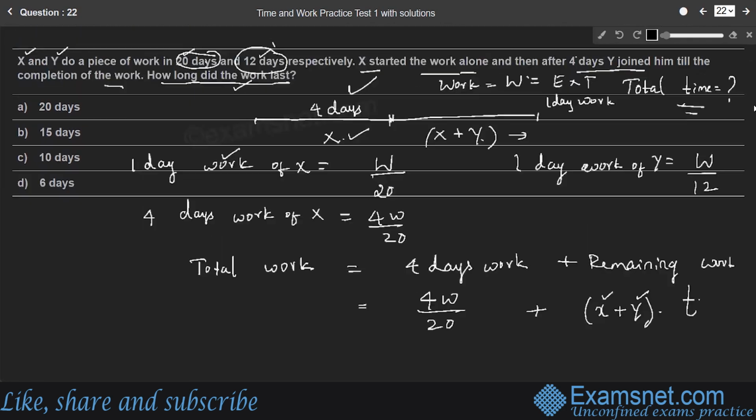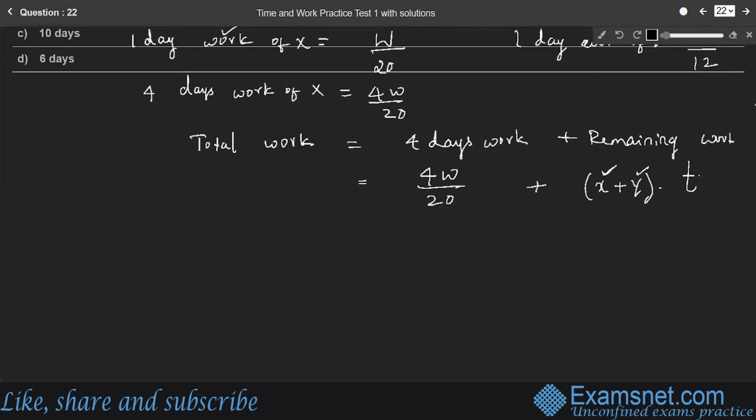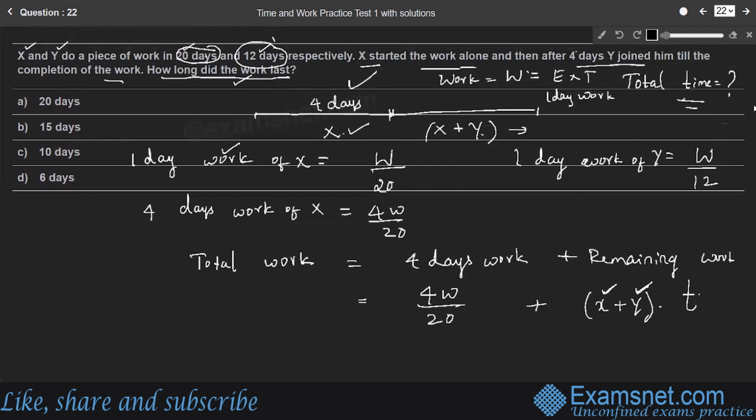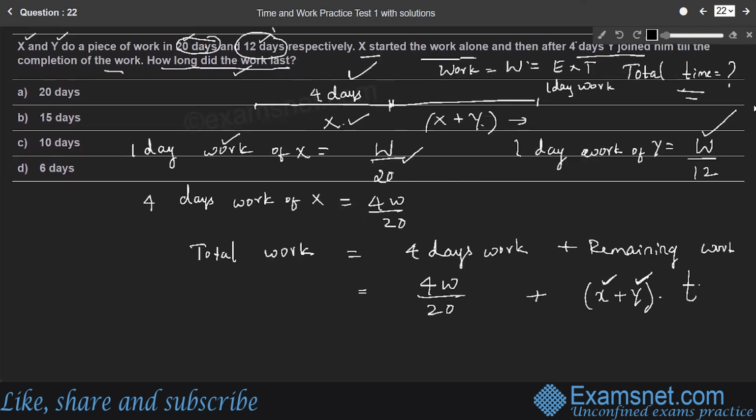Their capacity is nothing but their individual capacity to work. So we'll consider their individual capacity as one day work of X and one day work of Y. Therefore, we'll substitute this value.